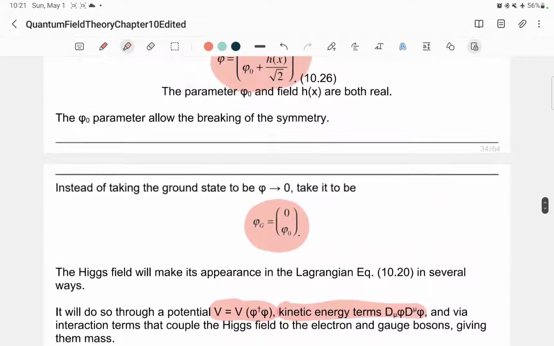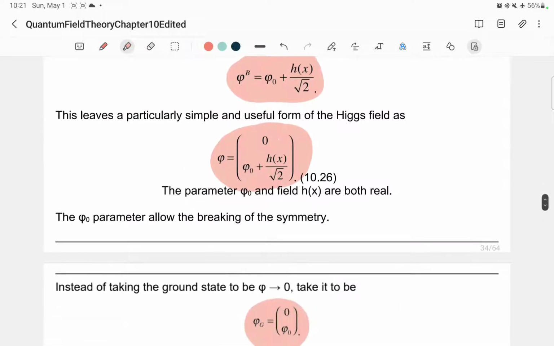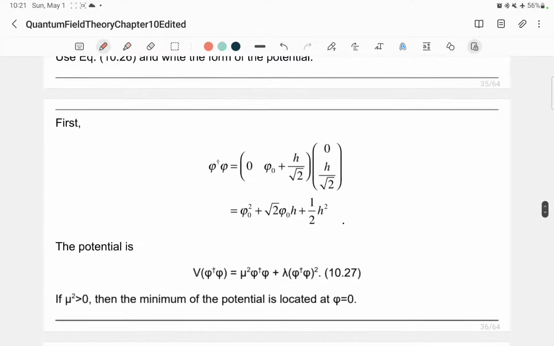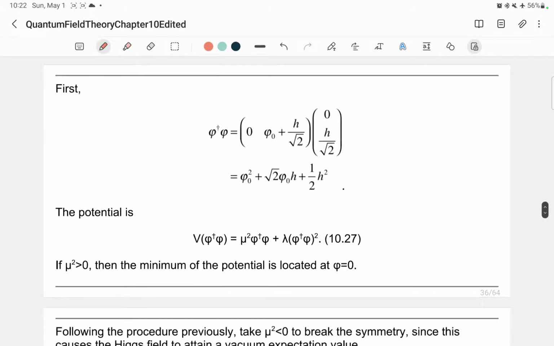So going back to equation 10.26, where we use the phi to write our potential. So here, by the way, this term here is plus phi sub o. There's a mistake there. So our phi adjoint phi would be this form here.